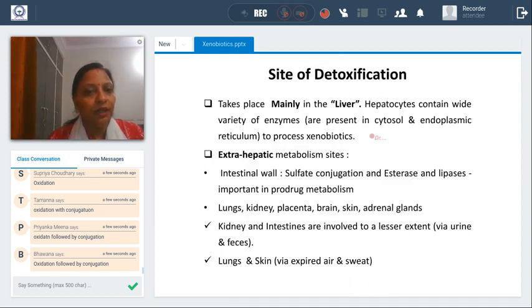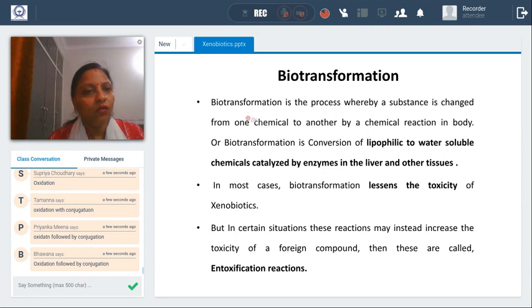Site of detoxification is mainly the liver and then lung, kidney, intestine, placenta, brain, skin, and adrenal glands. What is biotransformation? Biotransformation is the process whereby a substance is changed from one chemical form to another chemical form, or we can say it is the conversion of lipophilic to hydrophilic chemicals catalyzed by enzymes in the liver and other tissues.